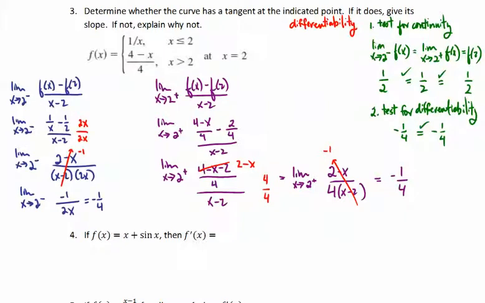Assuming that it is continuous, we're going to use the alternative form of the derivative to take the limit of the derivative from the left and the limit of the derivative from the right. Assuming those two are the same, then we have a smooth transition of slopes from the left to the right, and the function will be not only continuous but differentiable there.